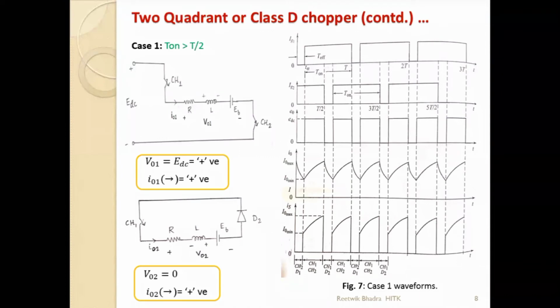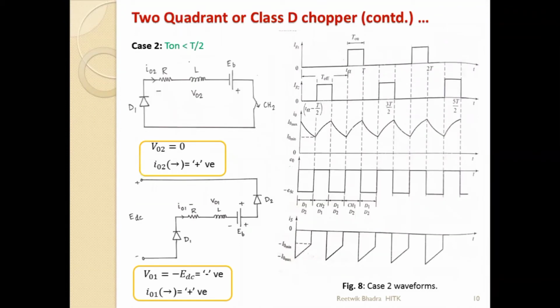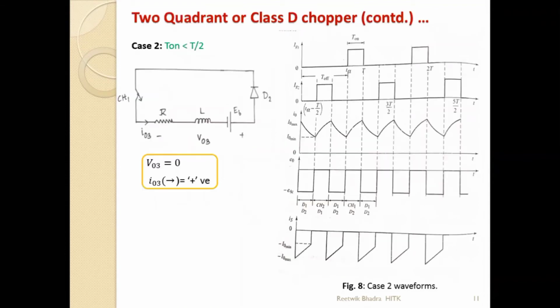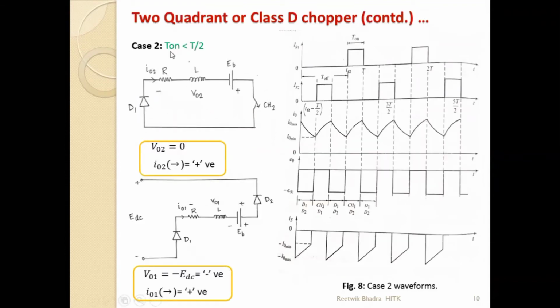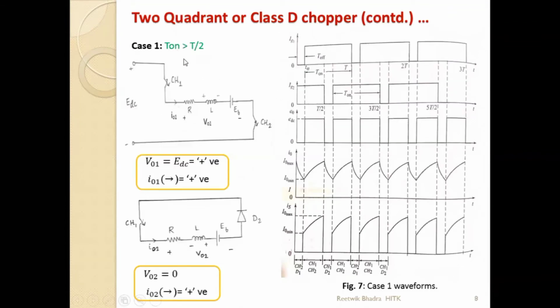And the other case is when the duty cycle is less than 50%. This makes the current continuous or discontinuous. Another case is that T on is less than T by 2. So those are the two modes of operation: T on greater than T by 2 and T on less than T by 2.